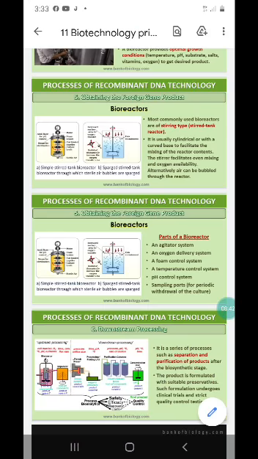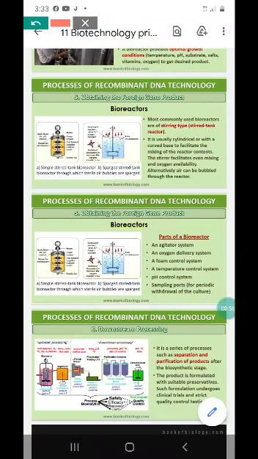So what is the downstream process? It includes two main techniques, which are separation and purification of the products. What are the two processes included in the downstream process, children? Separation and purification.